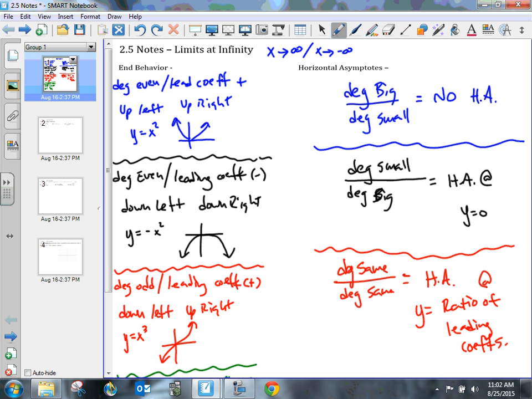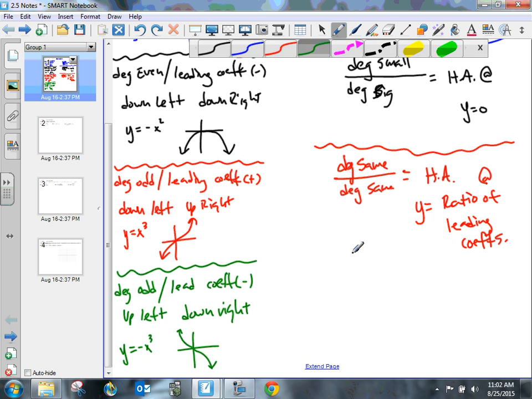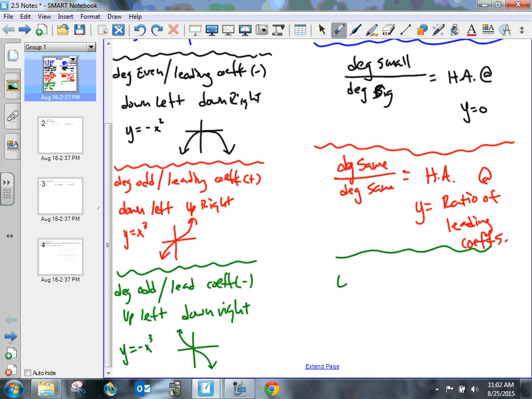All right, so let's just look at an example here real quick, and we've done this before. We've looked at this on the reviews. But if I write this out as an example, let's think of the function f of x equals negative 3x plus 2 over 4x plus 1, okay? Now, the degree is 1 in my numerator. The degree is 1 in my denominator, meaning they're the same.